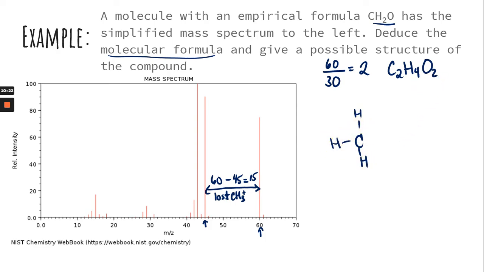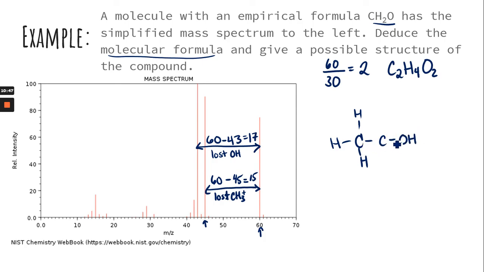Now we have to figure out what the other part looks like. So let's look at the next line. From this line to this line, we would say 60 minus 43 gives us 17. And we know that when we have a loss of 17, that means we lost a hydroxyl group. So now I know that this carbon, our second carbon, has the hydroxyl group.